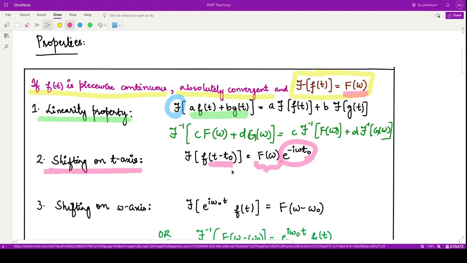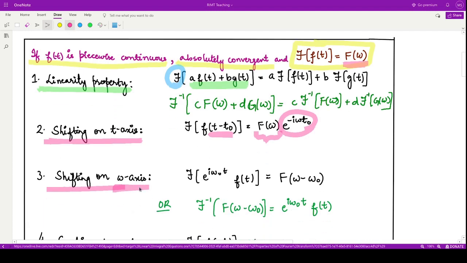And this property, shifting on omega axis, is also available. Because we are now talking about this omega axis, it says that whenever we wanted to calculate the Fourier inverse of this shifted version of the given function F of omega, it would be multiplied by this factor e to the power iota omega naught into f of t.